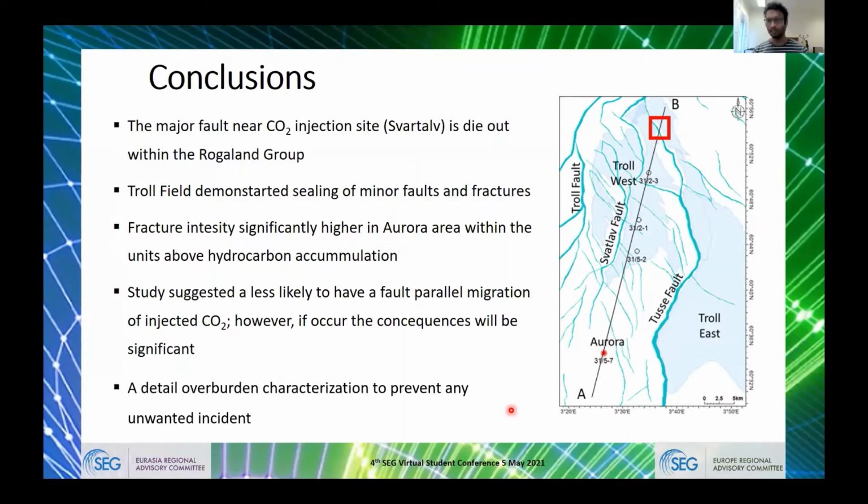Or like you've seen, we have those major faults, so we have a risk of fault parallel flow or reactivation of those faults. Using that geomechanical modeling coupled with fluid flow, we can answer a few of those questions. I started that work already, and hopefully within 3-4 months I will have some answers.